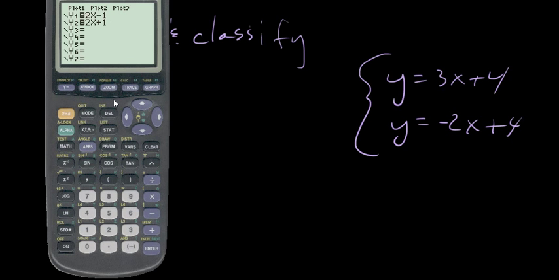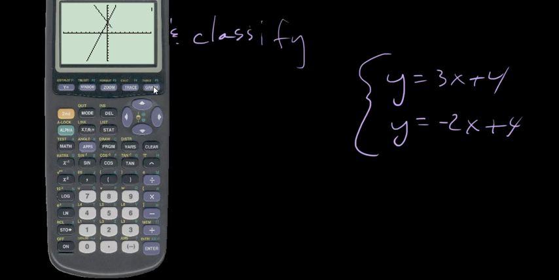And go to y and clear, and 3x plus 4, negative 2x plus 4. We're going to learn several different ways of solving systems. And the reason we're doing that is because there are different methods that work really well for different types of systems. So let's graph that and see what we get.